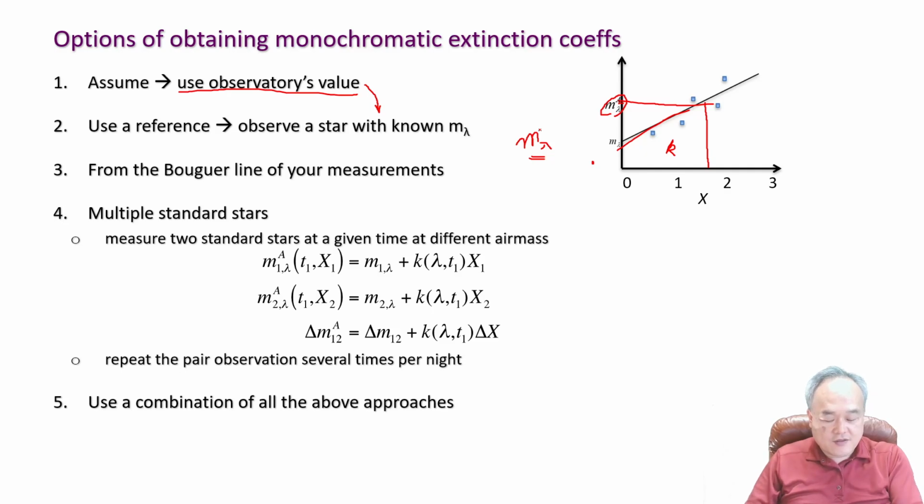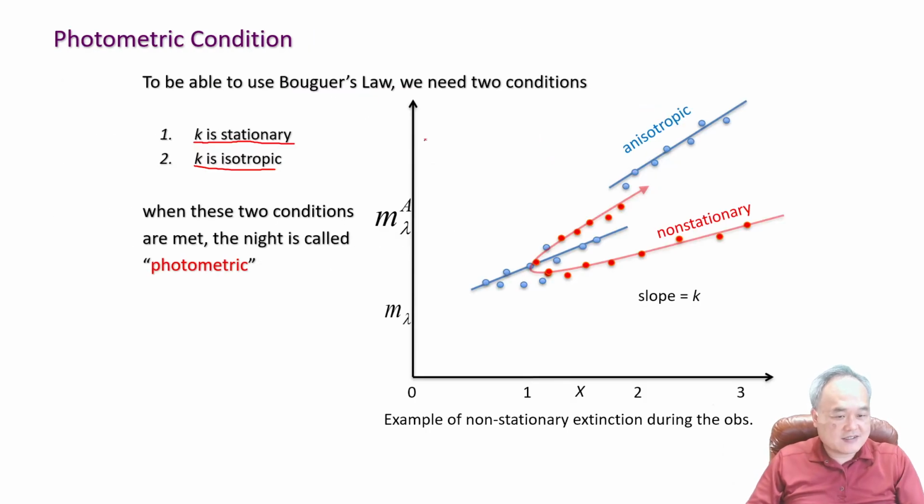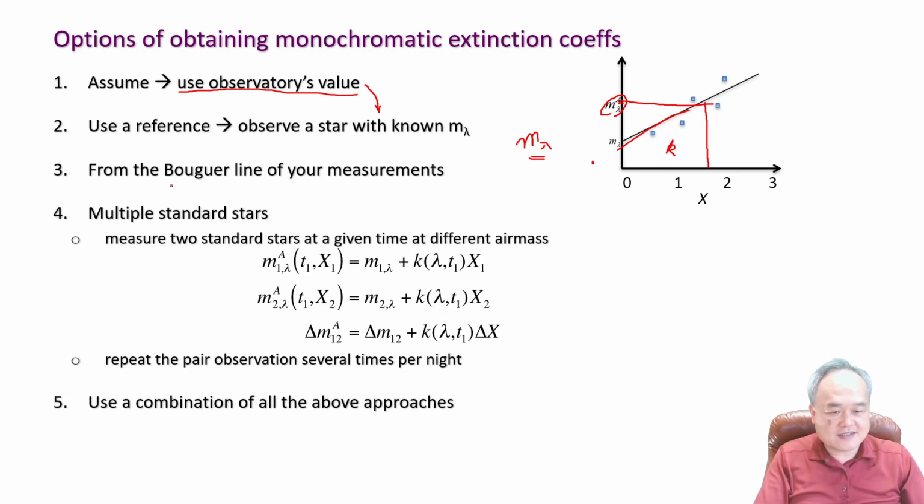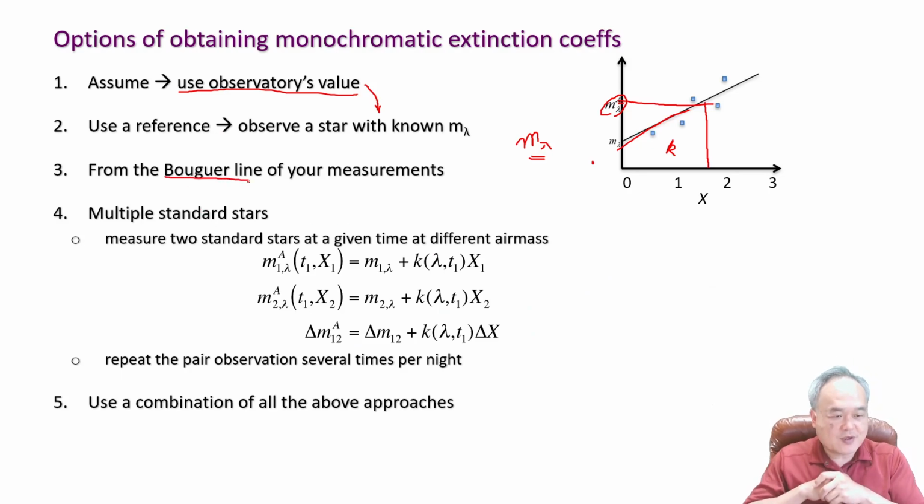The third option is basically going back to your own plotting, your own measurement of multiple standard stars, and making a straight-line best fit of these 5 points, and from this straight line you obtain the slope. So that's basically using the Bouguer line of your own multiple observations of standard stars.